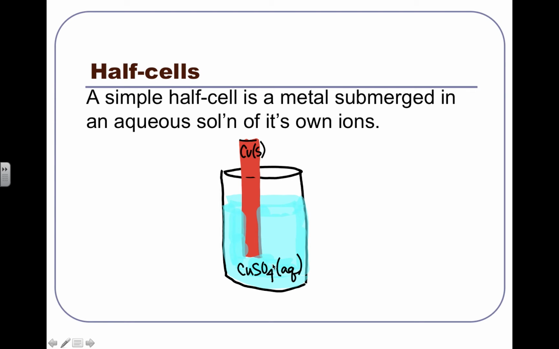Okay, but right here, there's no net reaction going on. There is an equilibrium between the solid copper and the copper 2 ions that are in the copper sulfate. So there's an equilibrium, there's a back and forth, but there's no net change.